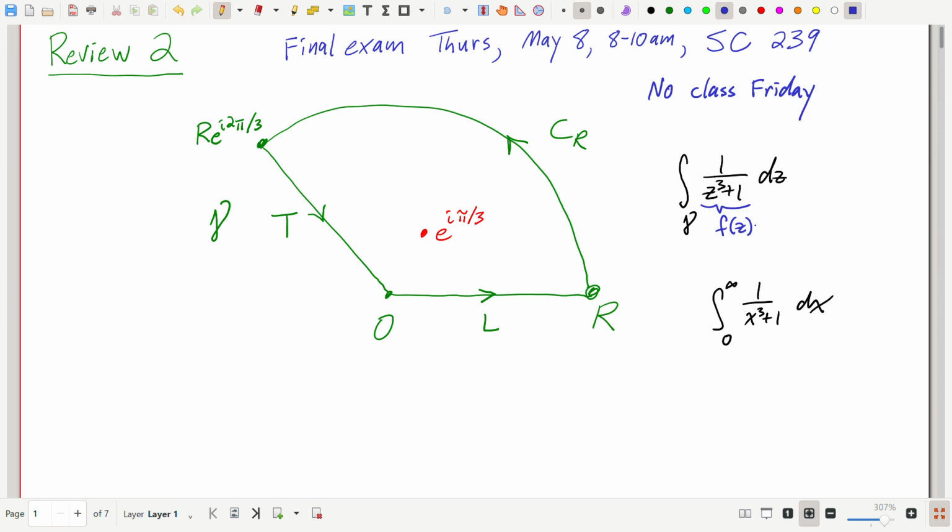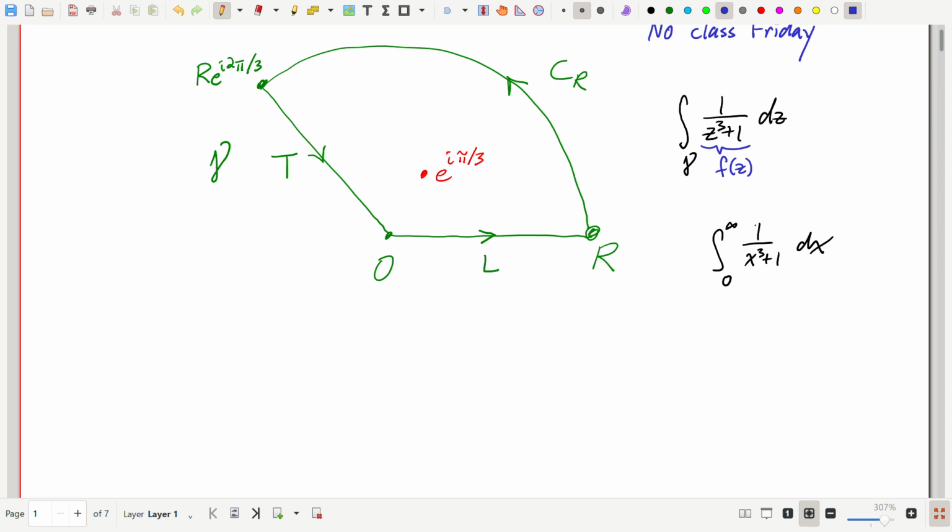And so the last piece of this problem that I didn't do, well, I guess there's two last pieces. I've got to compute the residue at the one spot where there's a pole, but you also need to show that the integral along the circular part goes to 0 as r goes to infinity. And so there's two ways to think about that.